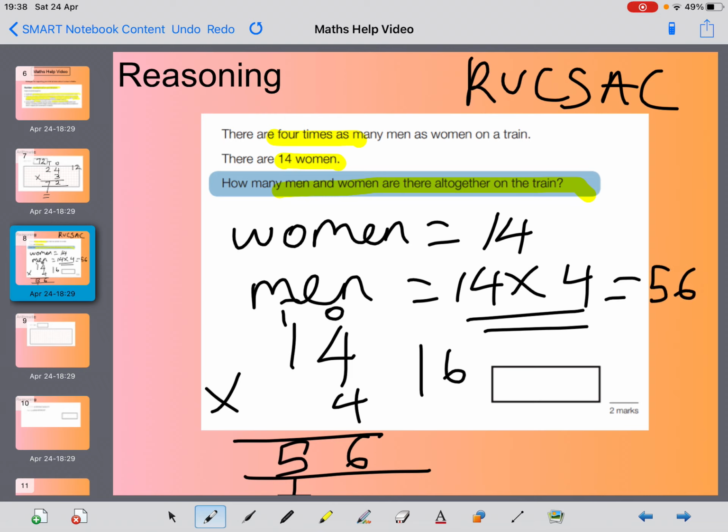Now we need to know how many men and women there are altogether on the train. So 56 plus 14. 6 plus 4 is 10. I put down the 0 and I regroup the 1. 5 plus 1 is 6 plus this 1, 7. So there are 70 men and women altogether.